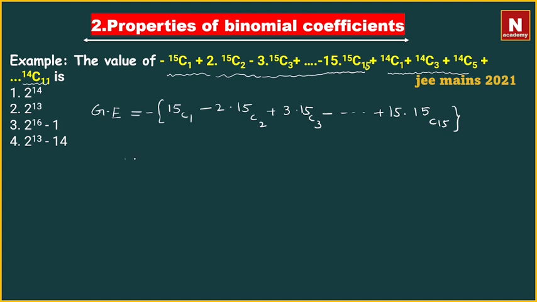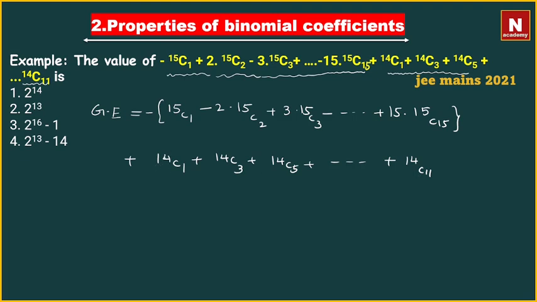The second part as it is, 14C1 plus 14C3 plus 14C5 and so on, 14C11. If you observe this, it is in the form of C1 plus C3 plus C5 plus, and so on, C11. We have property number 4 for C1, C3, C5 and so on.